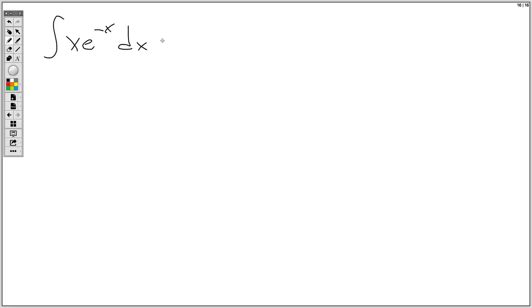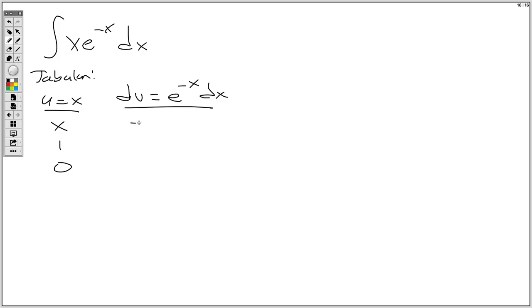And once again, I've got an algebraic times an exponential. I can use tabular here. I have a column for my u's. U equals x, x, 1, and 0. My dv's would be e to the minus x dx. So e to the minus x, minus e to the minus x, e to the minus x.